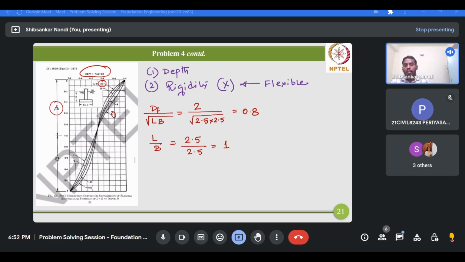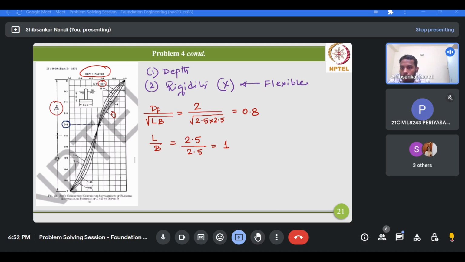Now considering these two ratios, you have to calculate the depth correction factor from this figure. So where this dF upon square root of LB is 0.8, this is the 0.8 value, and this is cutting this graph plot here.